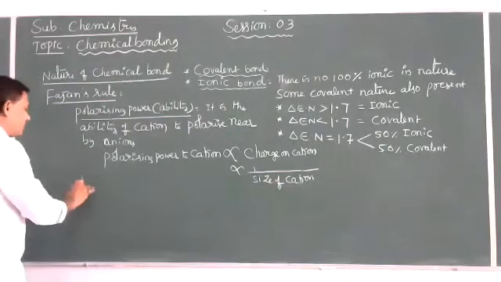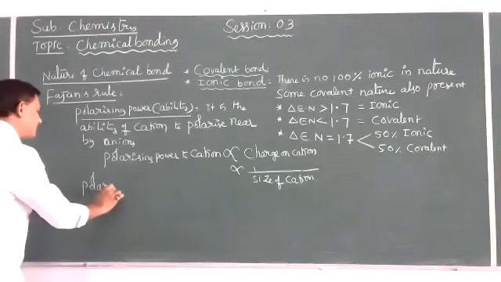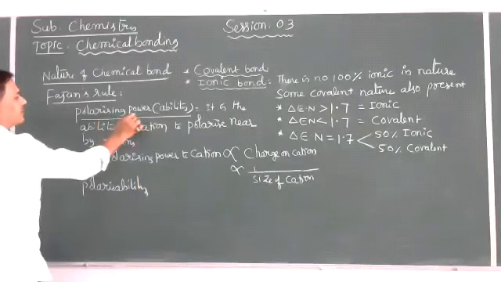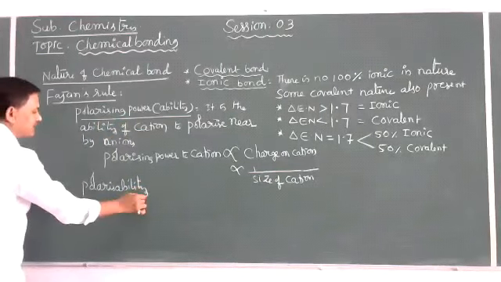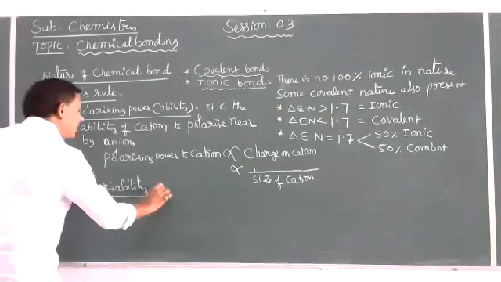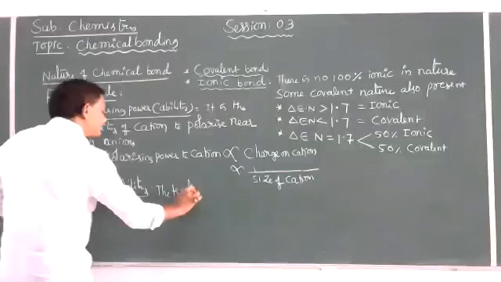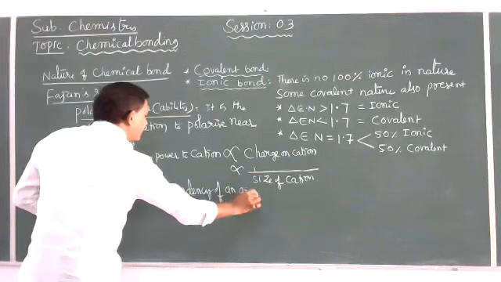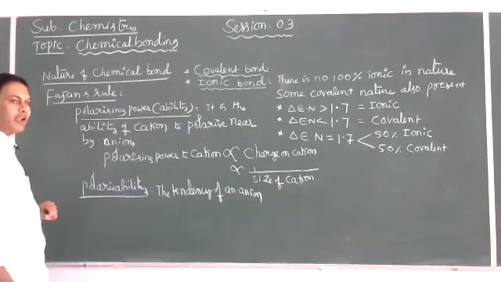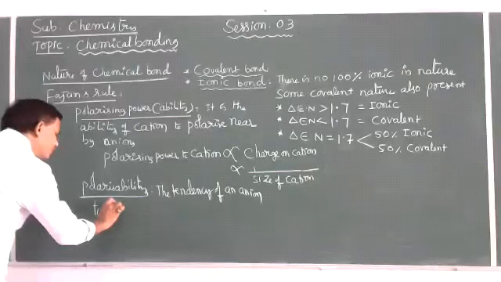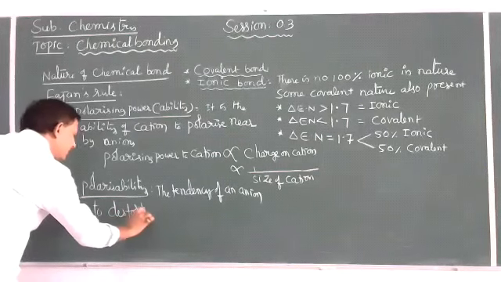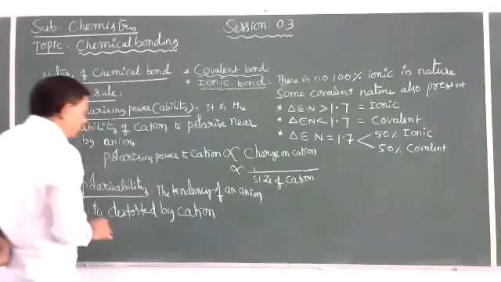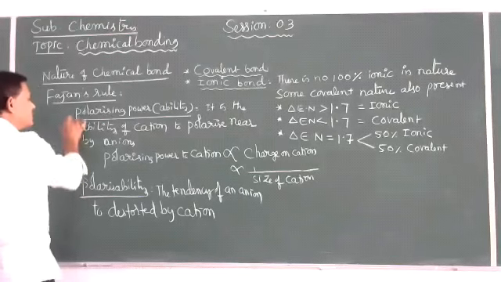The next one is polarizability. This is polarizing power, and this is polarizability. This is the tendency of an anion to be distorted by a cation, called polarizability.